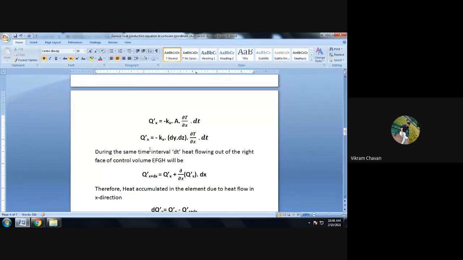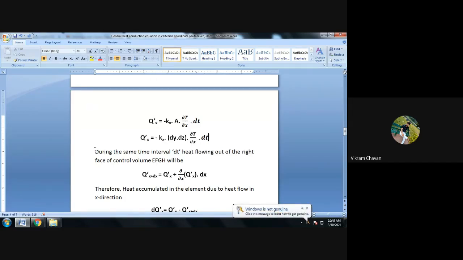So length multiplied by height is the area of face ABCD. So instead of area A, we put dy multiplied by dz: minus k suffix x multiplied by (dy multiplied by dz), multiplied by the partial derivative of T with respect to x, multiplied by time interval dt. Now this is the heat flowing inside the element in x direction from face ABCD.